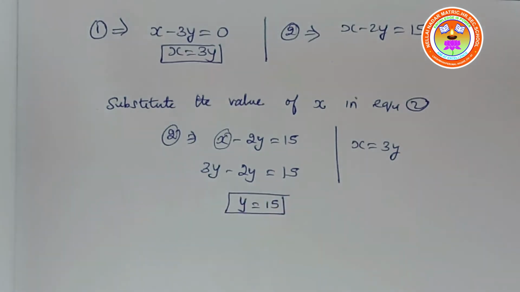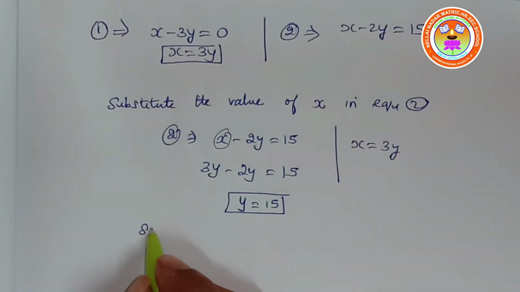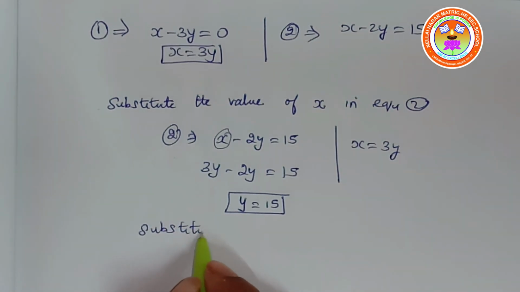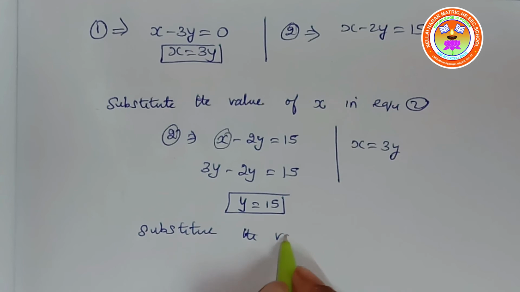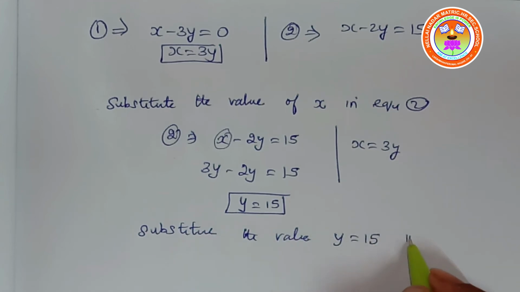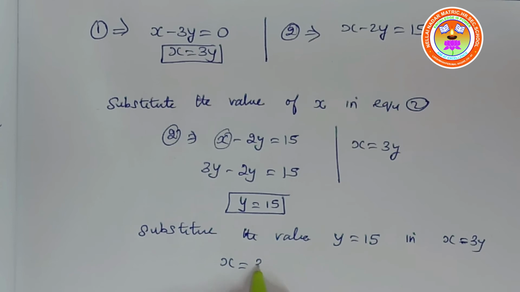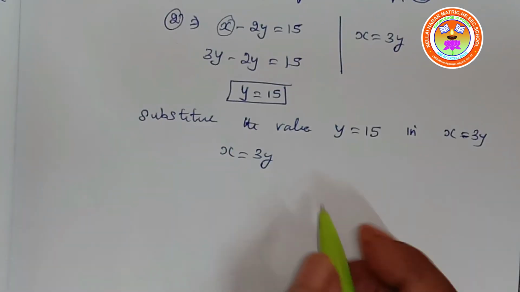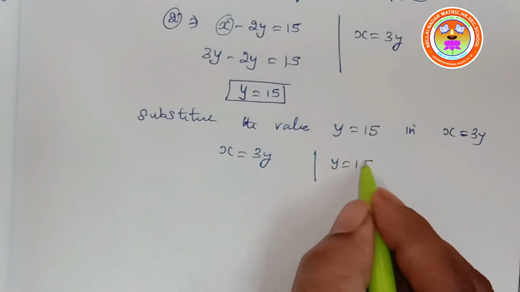You got one value as y. Substitute the value y equal to 15 in x is equal to 3y. So we know that y equal to 15.